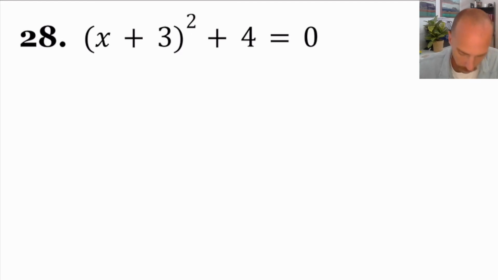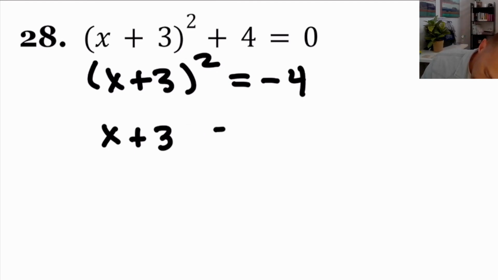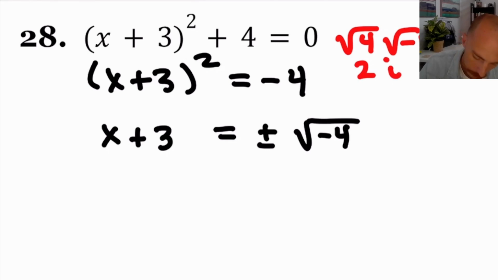Over here, same story. We're just going to deal with the plus 3 at the very end because it's inside the parentheses. So we're going to subtract 4. We'd have x plus 3 squared equaling negative 4. We would take the square root of both sides. Square root of negative 4, that's the square root of 4 times the square root of negative 1, which is going to be 2 times i.